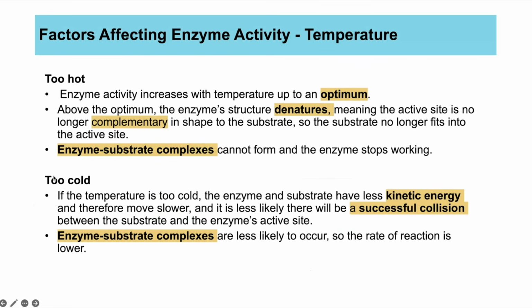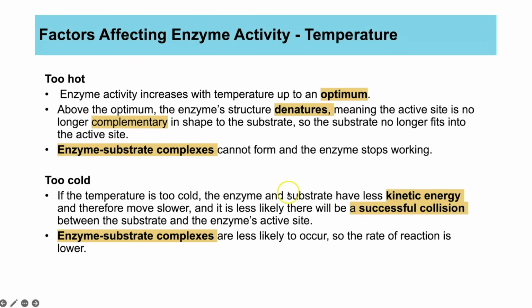Now, if it's too cold, enzymes do not denature. What happens at the colder temperatures is the enzyme and also the substrate won't be moving very quickly because if it's cold, the molecules will have less kinetic energy, which is basically movement energy.